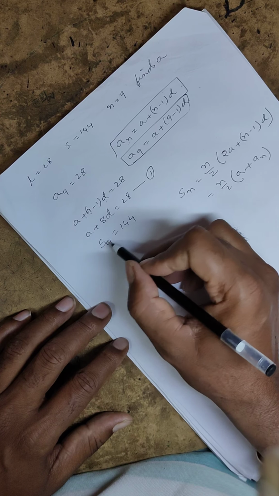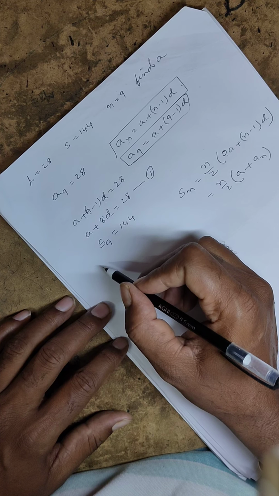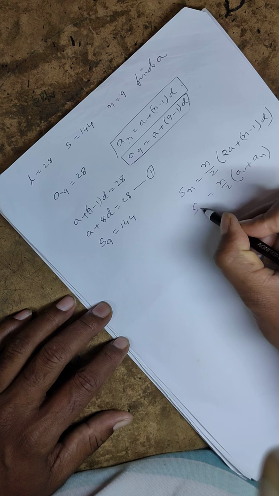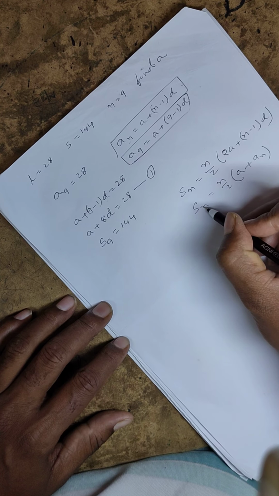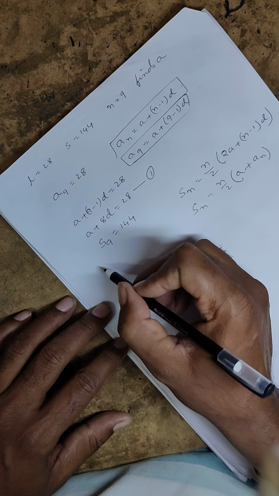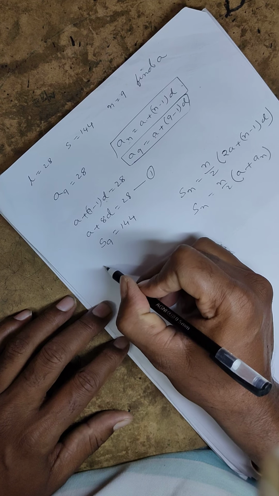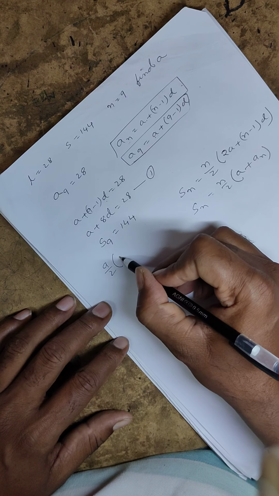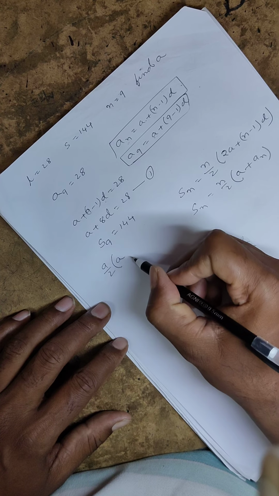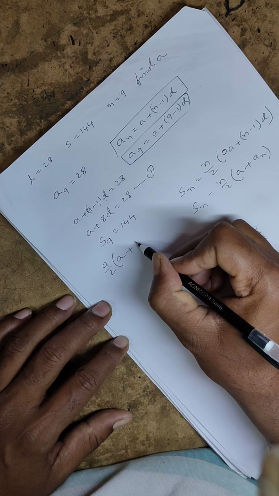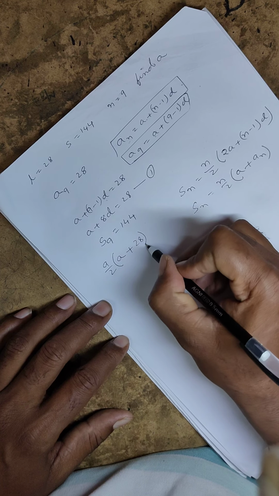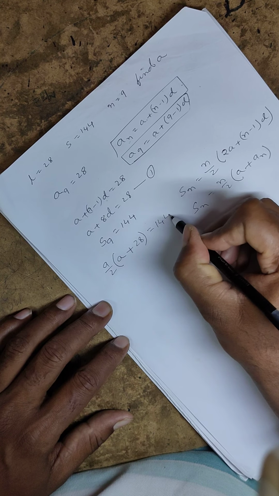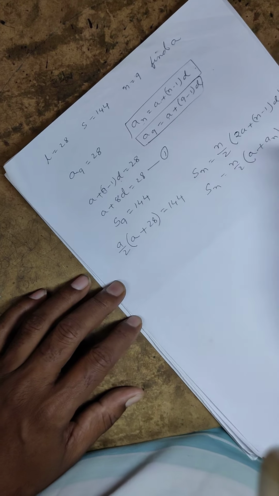Now what I am writing is S9 is equal to. In place of n you have to write 9. Very good. So 9 by 2 into a, the value we don't know, a only, plus an value, which is 28, is equal to 144, as given here. Listen carefully.